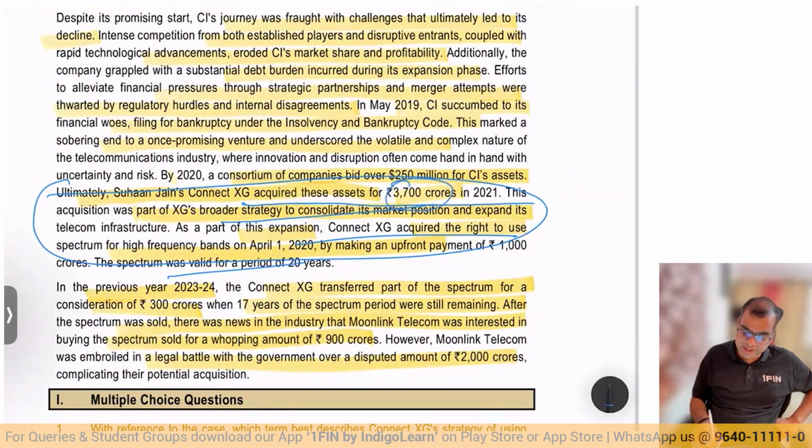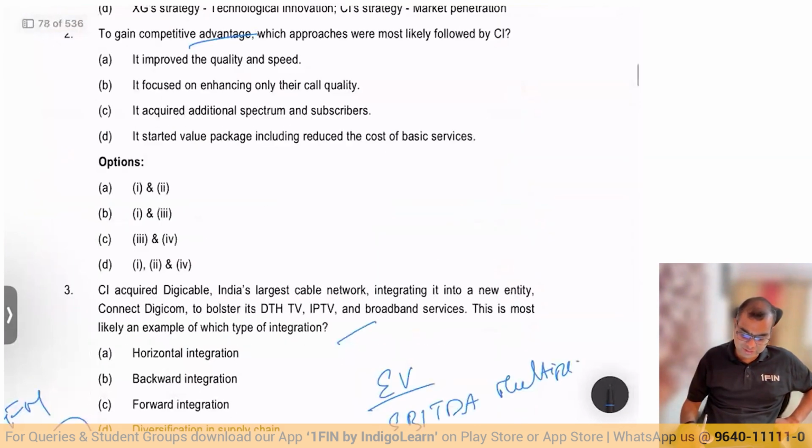It was their broader strategy to consolidate market position and expand infrastructure. As part of the expansion, they acquired the right to use spectrum. So nowhere are we told in greater detail what methodology they actually used to value this particular company. But they're asking us to evaluate it.